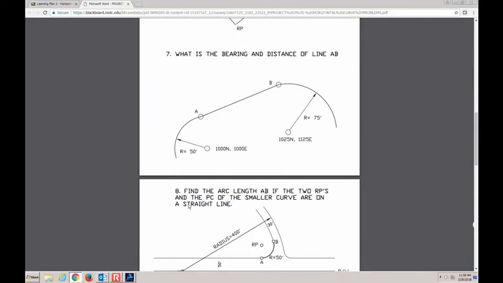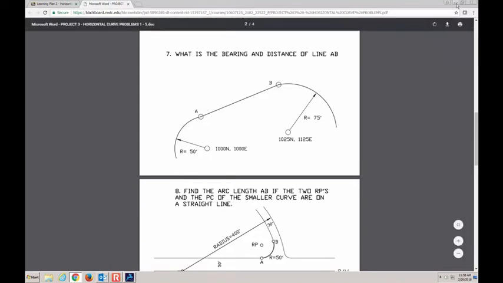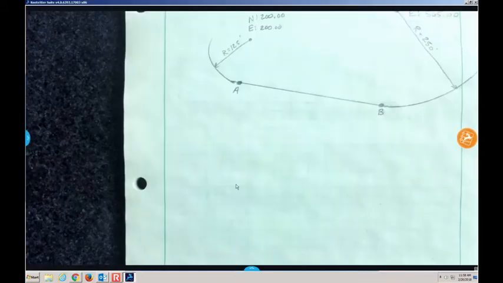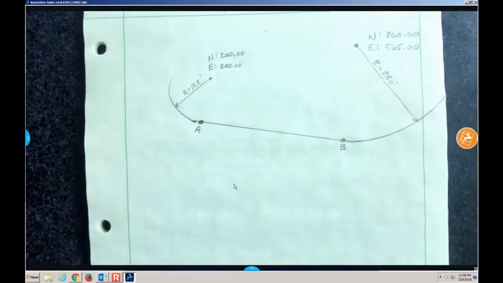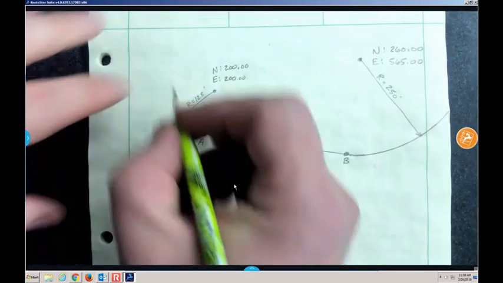You look at the example problem number 7, homework problem number 7. It looks similar to what I just laid out here. Okay, it's going to be example problem number 6.